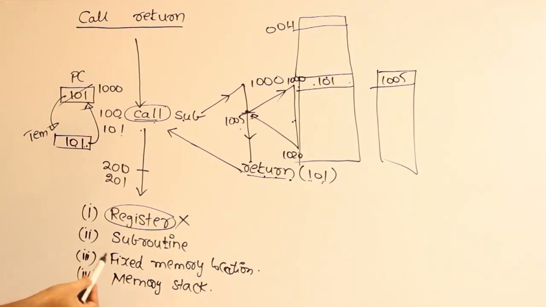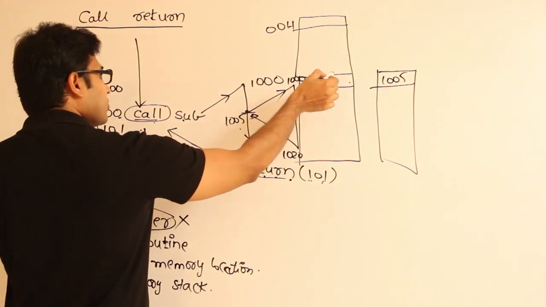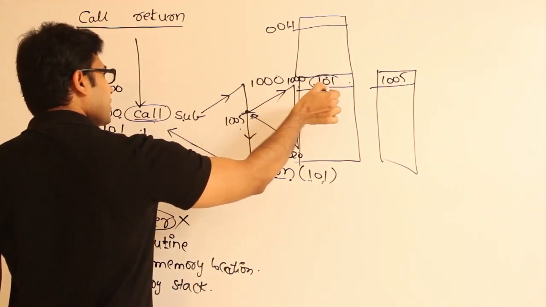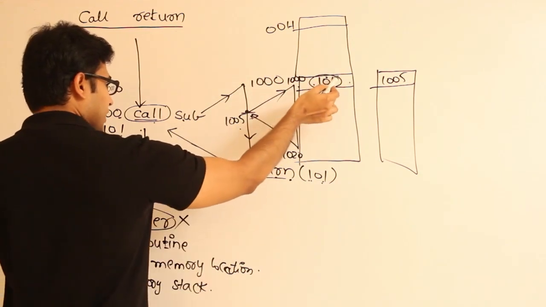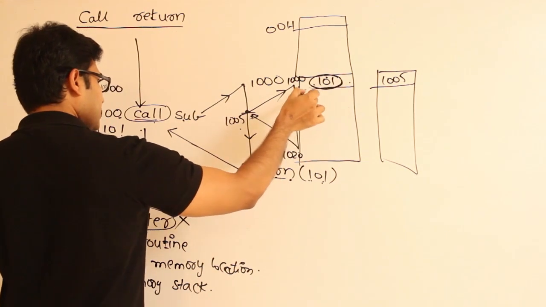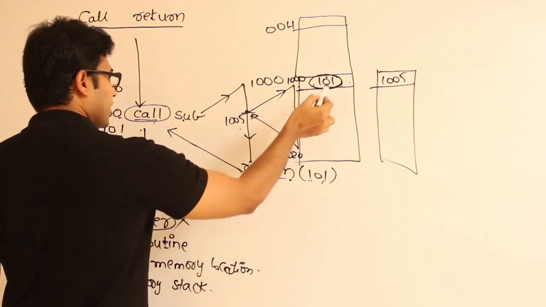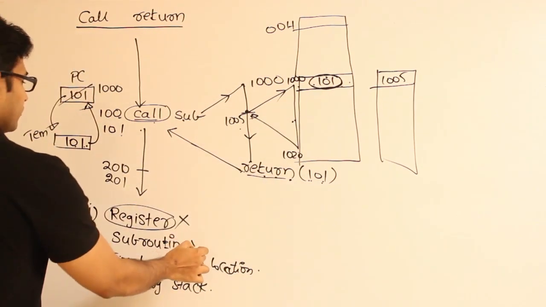But if a function calls itself, then the problem is it cannot keep on storing many return addresses at the same location. Why? If a function is calling itself, then all the return addresses should be stored in the function itself at the beginning of the function, and we have limited space there. So even this one will fail.